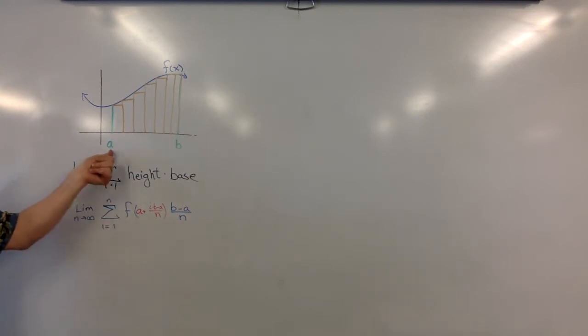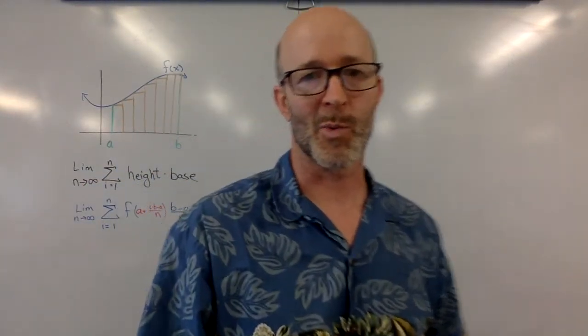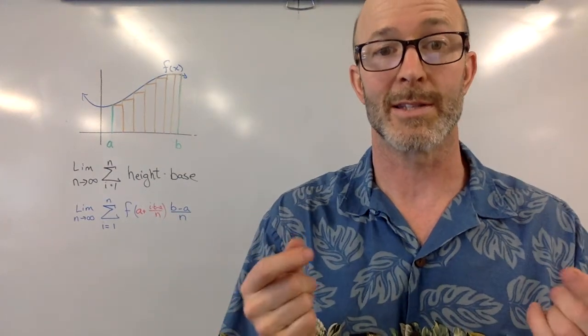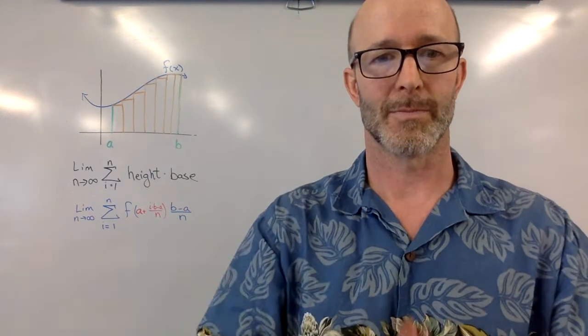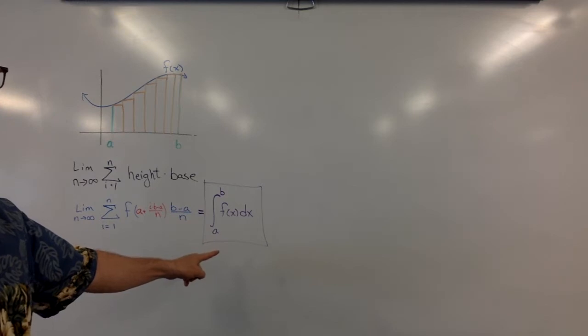So you start from whatever your lower limit is plus the width of each rectangle as you go. But then we found out there's a much easier way, to be honest. The only reason I even wrote that up is so you recognize what this summation looks like if it shows up on the AP exam. But right now, there is an easier way.